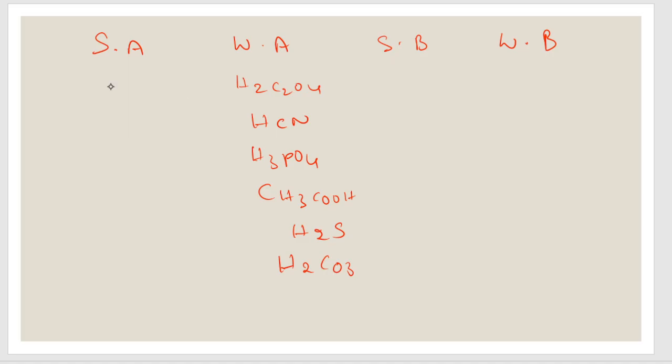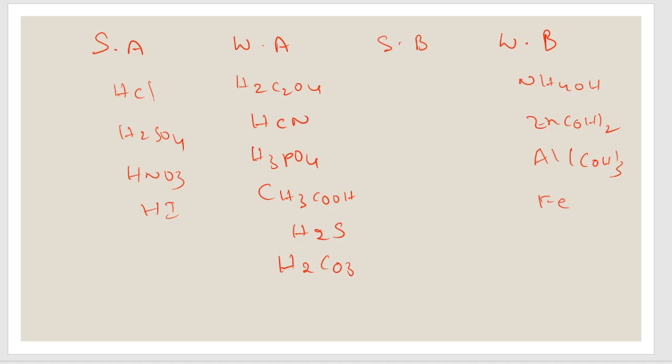Try to remember the weak acids. Okay, and what about the strong acids? HCl is a strong acid, H2SO4 is a strong acid, HNO3 is a strong acid, HClO4 is a strong acid. What about weak bases? NH4OH is a weak base, Zn(OH)2 is a weak base, and similarly Al(OH)3 is a weak base, Fe(OH)2 is a weak base, Mg(OH)2 is a weak base.